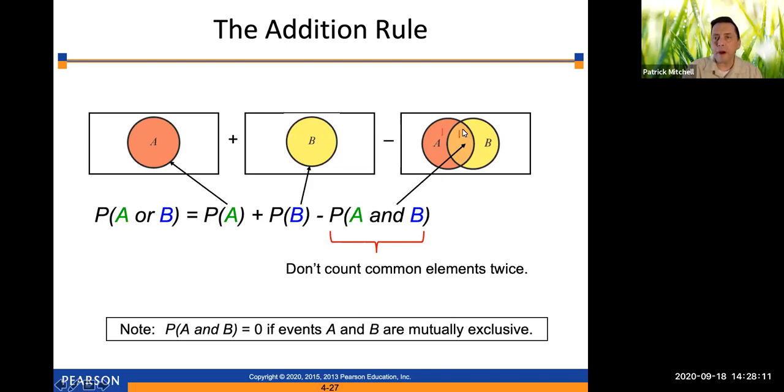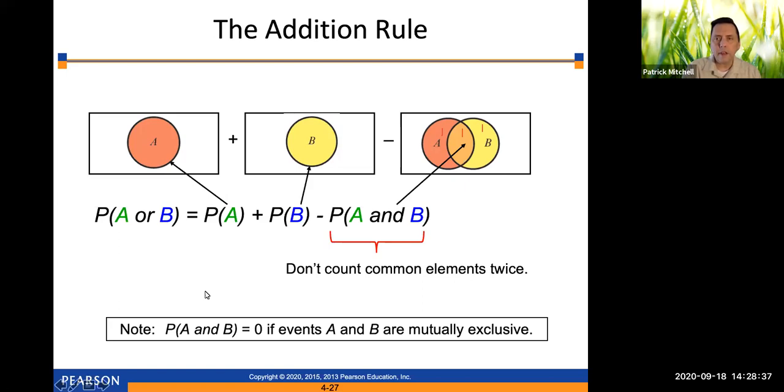And then you add the probability of B. B is here, and it's also here. So again, if we just leave it at that, then the intersection gets counted twice. We don't want to count it twice, so by subtracting probability A and B, we take it out once. Okay.